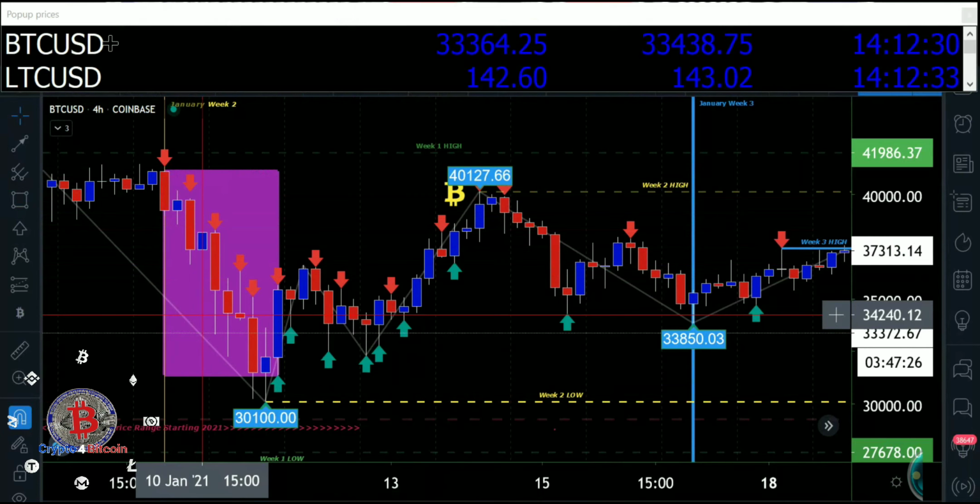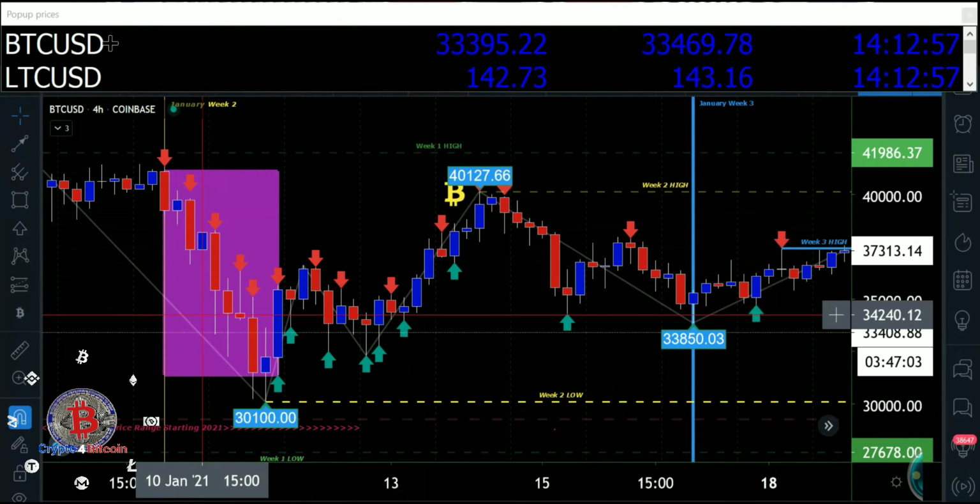Do you understand why I'm telling you that this was one of the most important times of Bitcoin, and the only time that this has ever happened in the history of Bitcoin? And this was all in a 24-hour range.